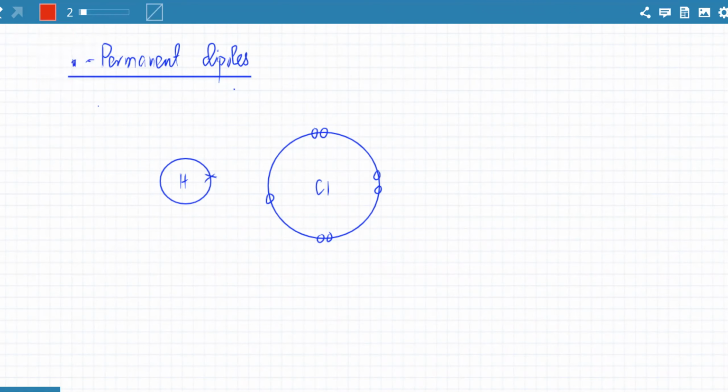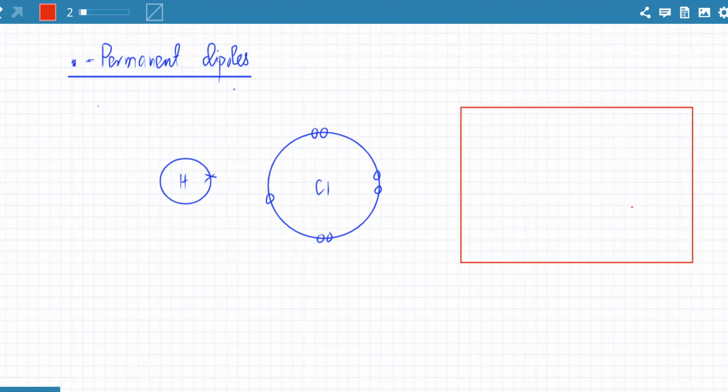The thing with these atoms is that you have this periodic table. When you move to the right of the periodic table, and when you move to the top, there's a thing called electronegativity. Your electronegativity increases.